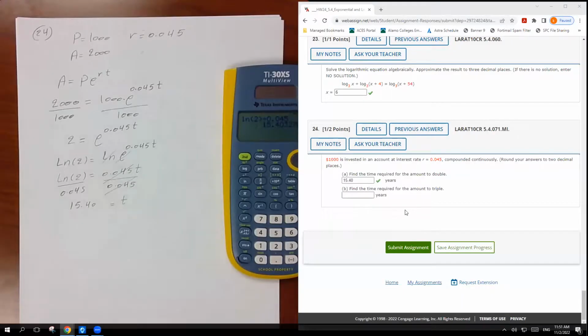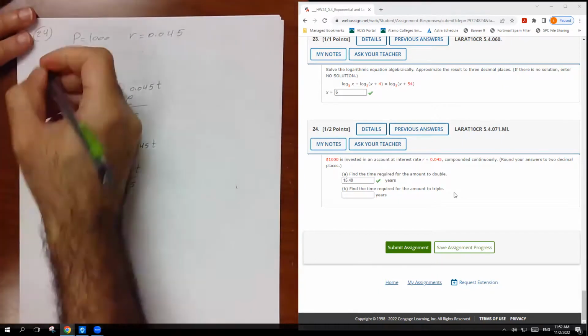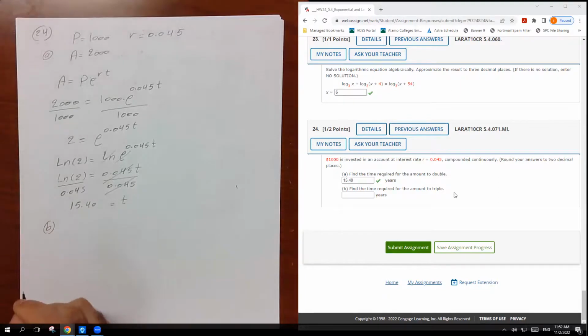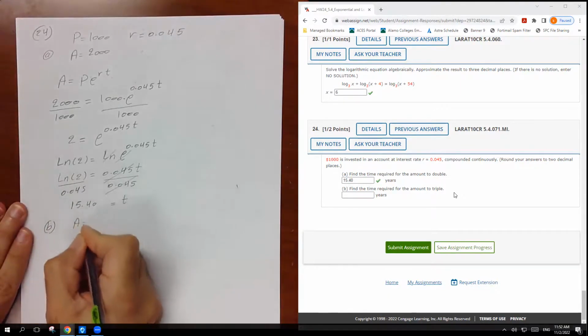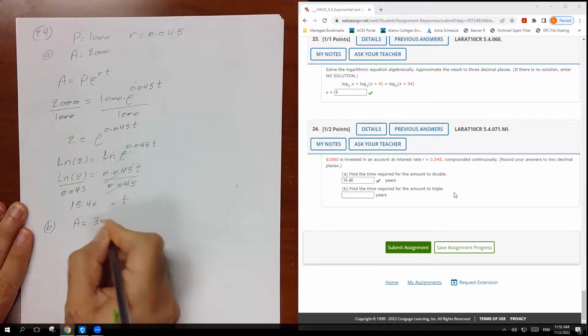We're going to do the same thing, but find the time required for the amount to triple. That means 3 times. That means to triple the amount, our future is going to be 3 times the invested, which is 3,000.